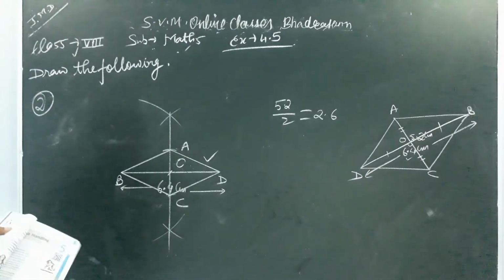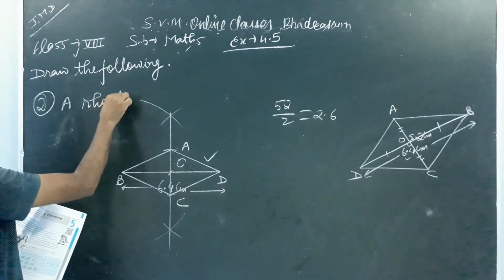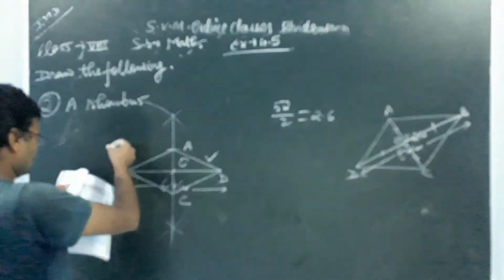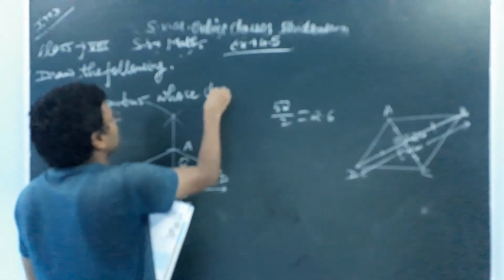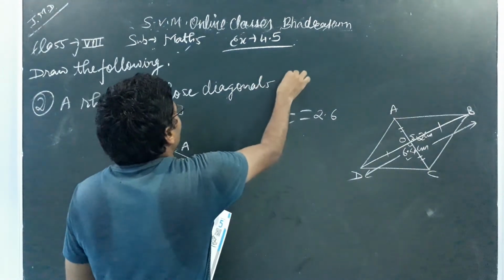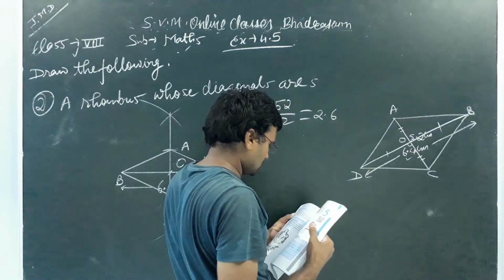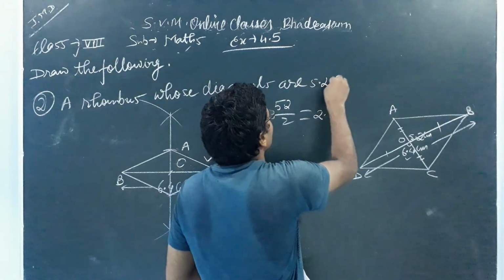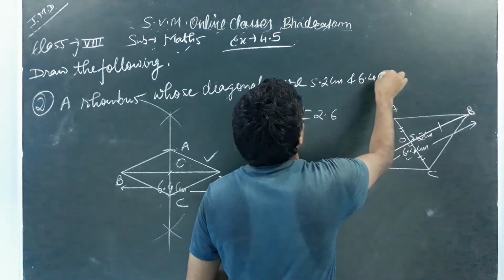Our rhombus whose diagonals are 5.2 centimeter and 6.4 centimeter long. Got it?